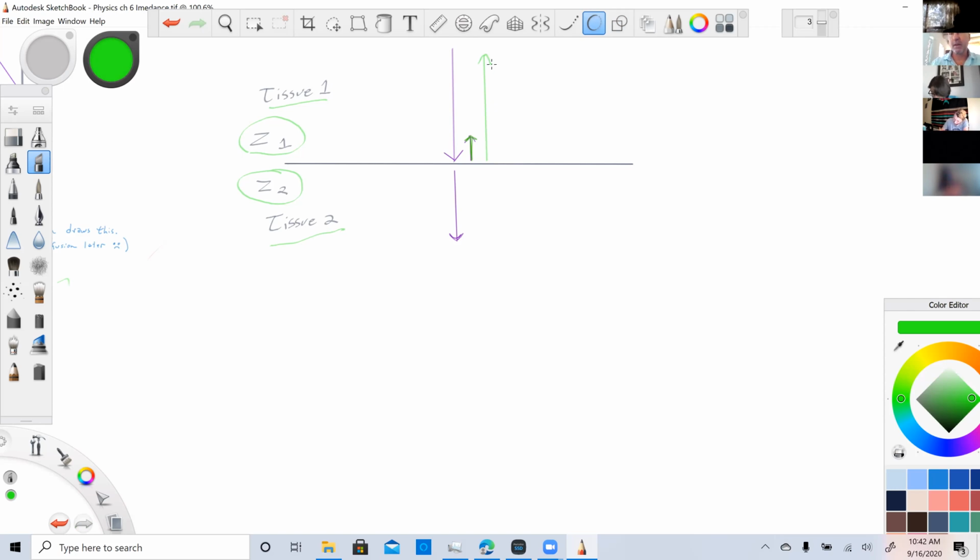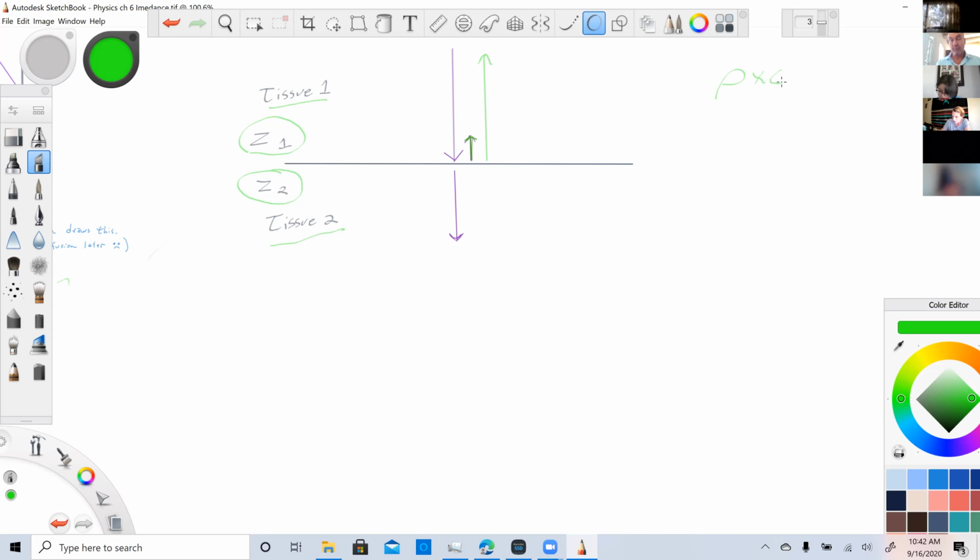Now, impedance, remember, is density of the tissue times the speed of sound in the tissue. So we already know that air is not the same density as tissue, and it has a much slower speed of sound. So its impedance is very different.